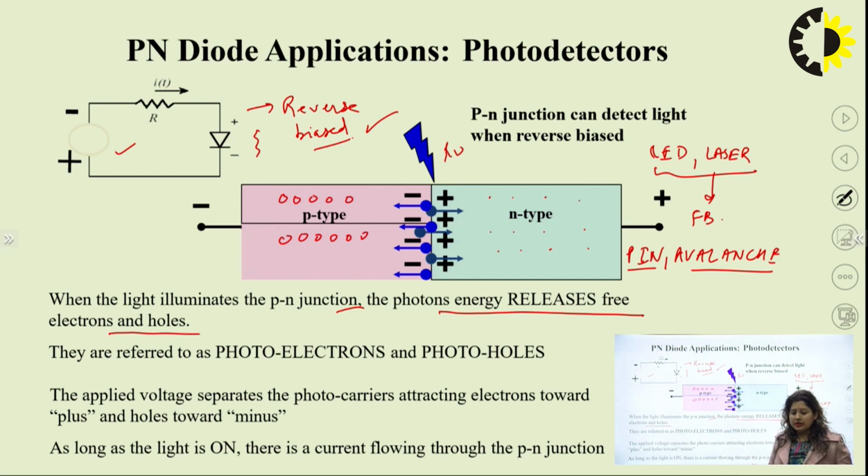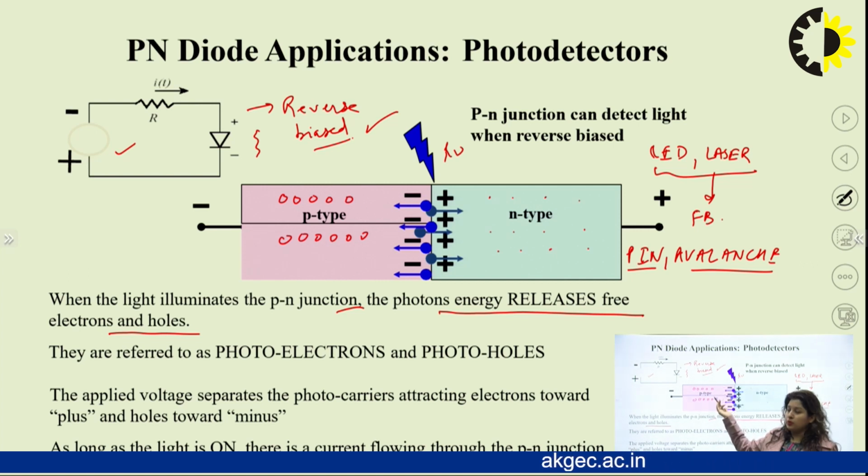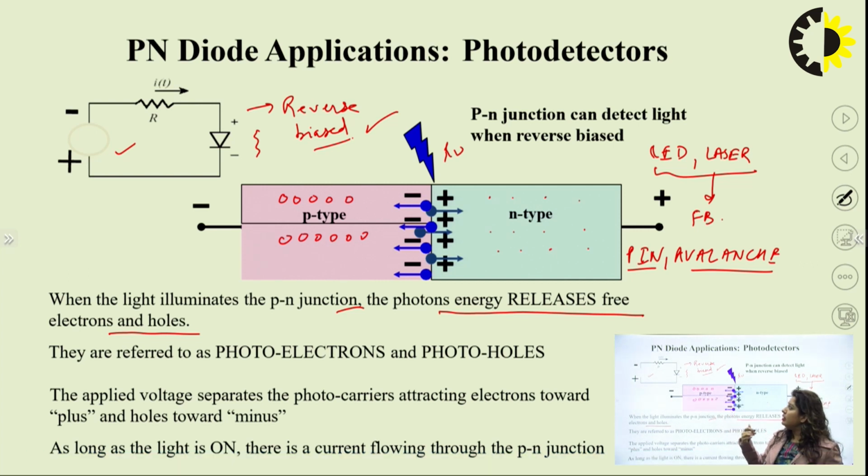In the case of lasers and LEDs, the positive polarity is connected to the positive of the diode and negative to negative of the diode, and there will be recombination of electrons and holes. They recombine with each other and produce light.